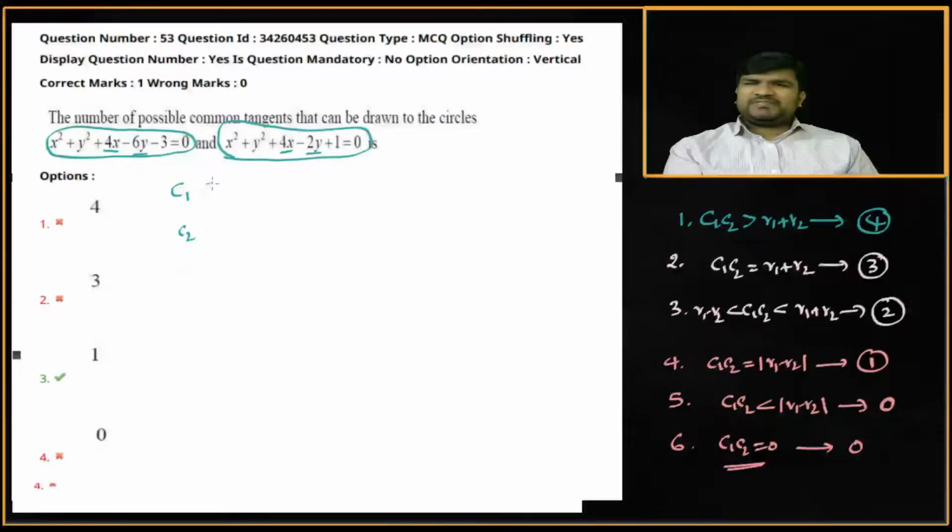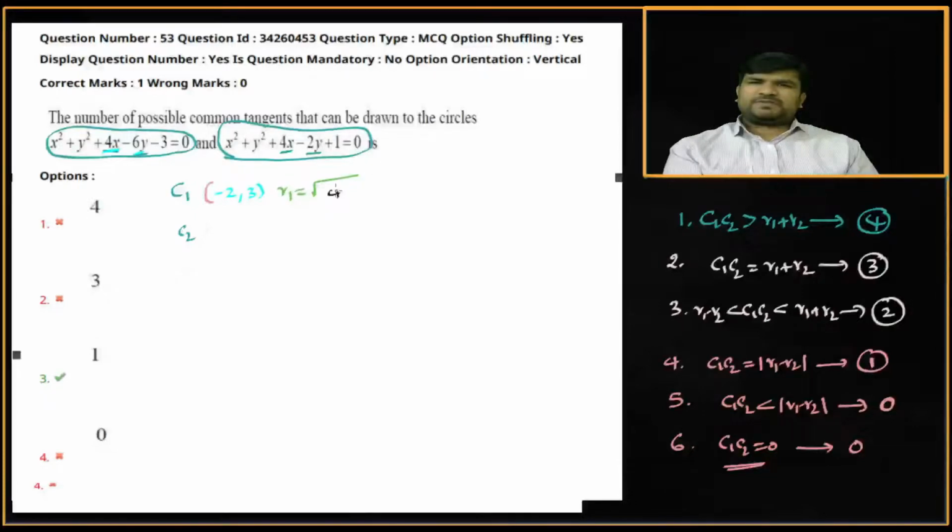So here C1 means the center of the first circle. How to find C1? Half of the x coefficient and y coefficient with opposite sign. So plus 4, minus 6, it becomes minus 2, comma, plus 3. Next, R1, the formula of radius is root over g square plus f square minus c.